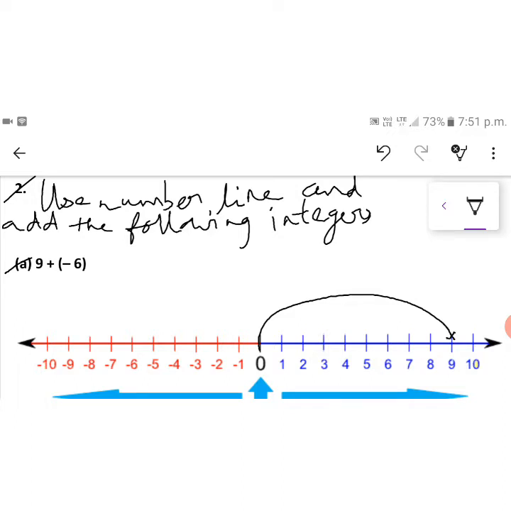And then from this point we move 6 steps to the left. 1, 2, 3, 4, 5, 6. We reach 3. Therefore, 9 plus minus 6 equal to plus 3.